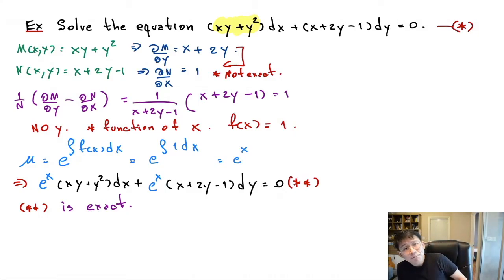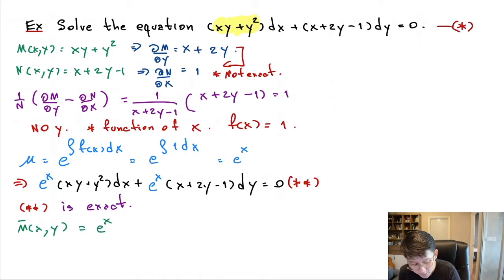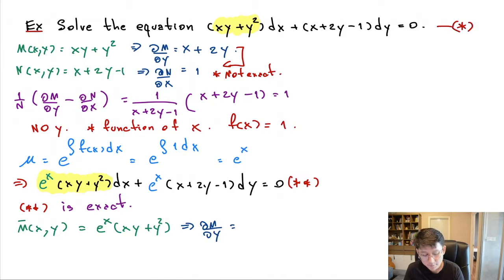It's okay. Well, as an example, I will check it anyway. So I'll let m bar xy be e to the x times xy plus y squared. So which is this guy? Okay. So dm bar by dy, what is it? Oh, sorry, dm bar by dy.